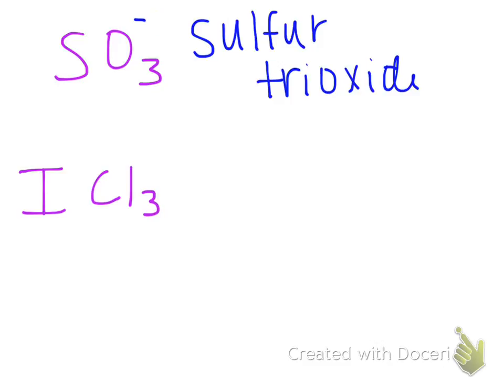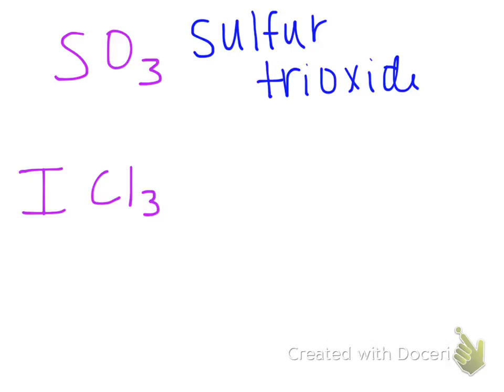Without the charge, it's not a polyatomic ion, it's just a covalent compound. So we need to make sure we see the difference there. The charge makes a big difference. I think covalent compounds are much easier to name than ionic compounds because you literally just spit out what's in front of you. You don't have to worry about charges balancing. You just have to know those prefixes.